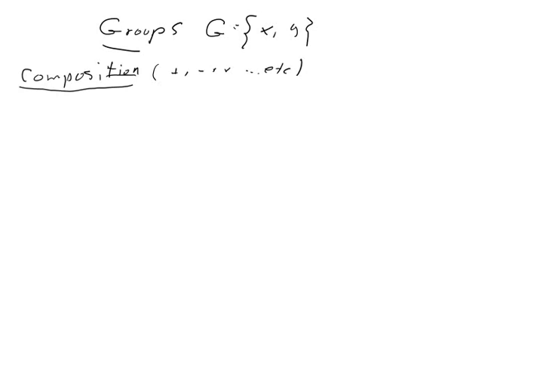Okay, I take an example to show what composition is. When I have a group with elements, for example 0, 1, 2, I want to make a composition for this group. Say this group has multiplication. This is the symbol for composition.